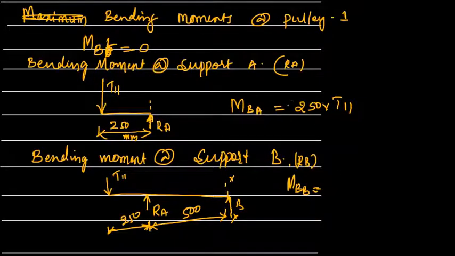Now this is also minus. Here also we are going to get minus 750 into T11. Then plus RA into 500. Now you are going to get MBB.